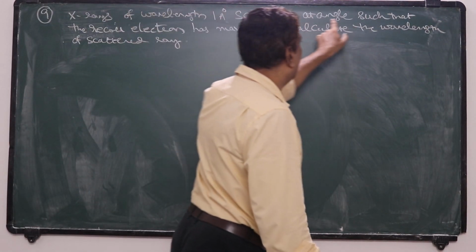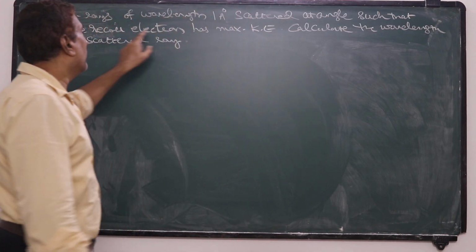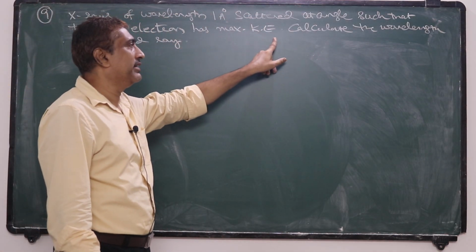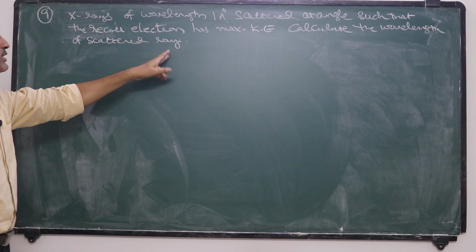Okay, X-ray of wavelength 1 Armstrong is scattered at an angle such that the recoil electron has maximum kinetic energy. Calculate the wavelength of the scattered ray.